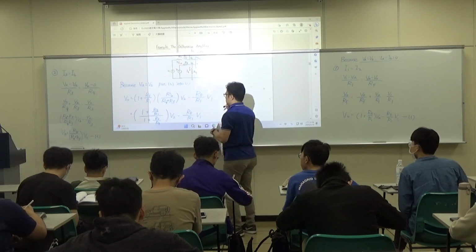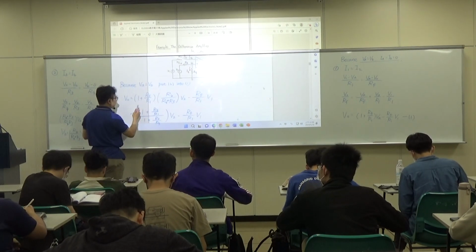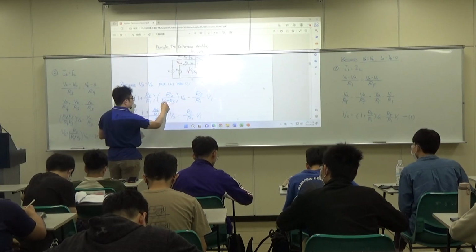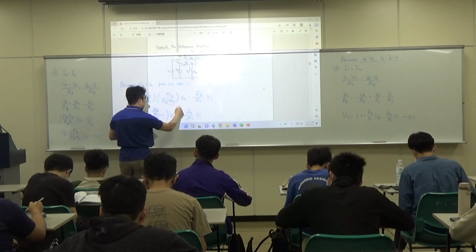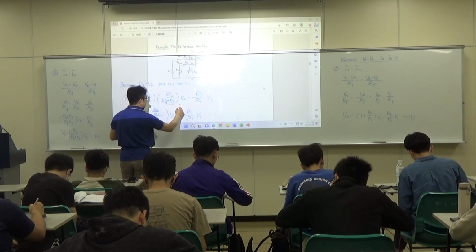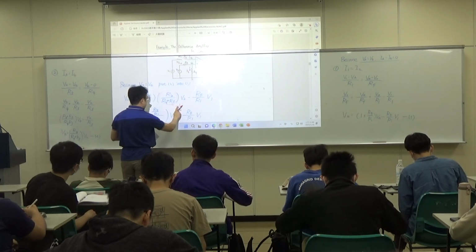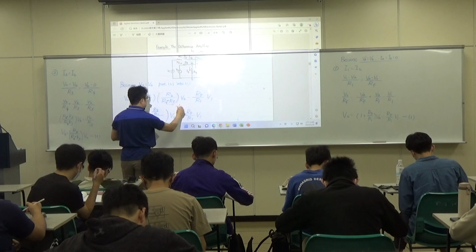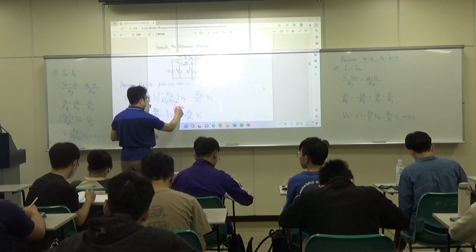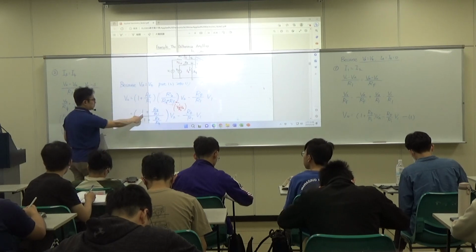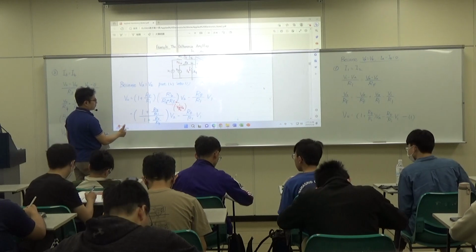Here we make this R4 over R3 plus R4, so the denominator becomes 1 plus R3 divided by R4.